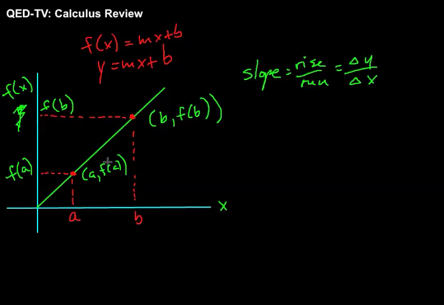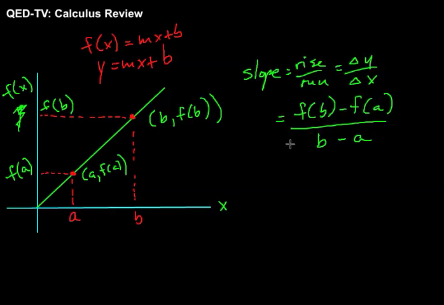Usually we take our biggest one and subtract our smaller one. So we'd have f of b minus f of a, all over b minus a. That's change in y's over our change in x's. And so this is the equation for how we would find the slope if I had 2 points.